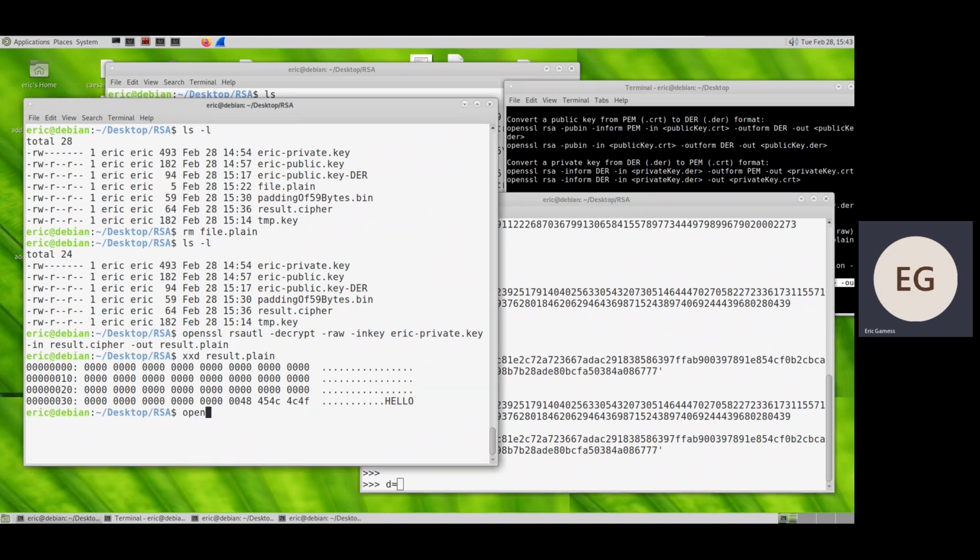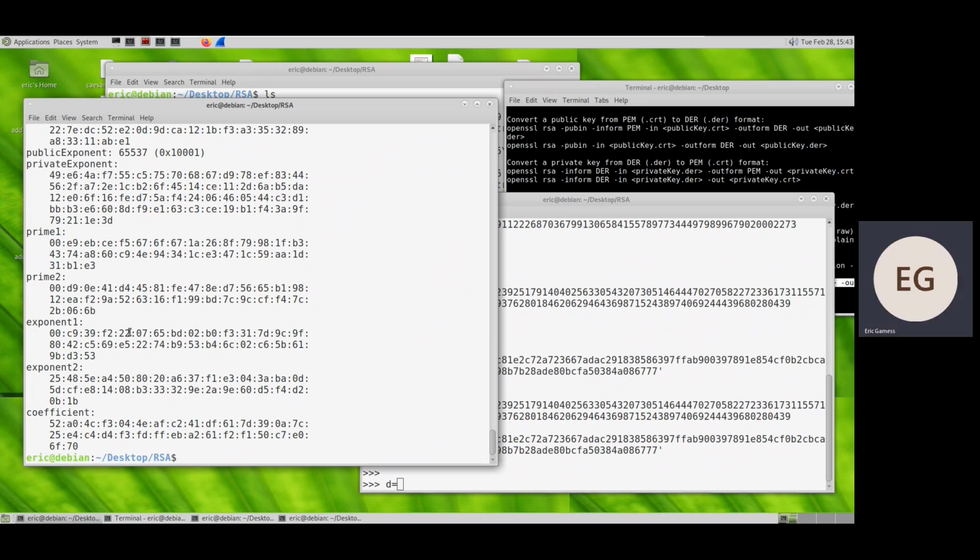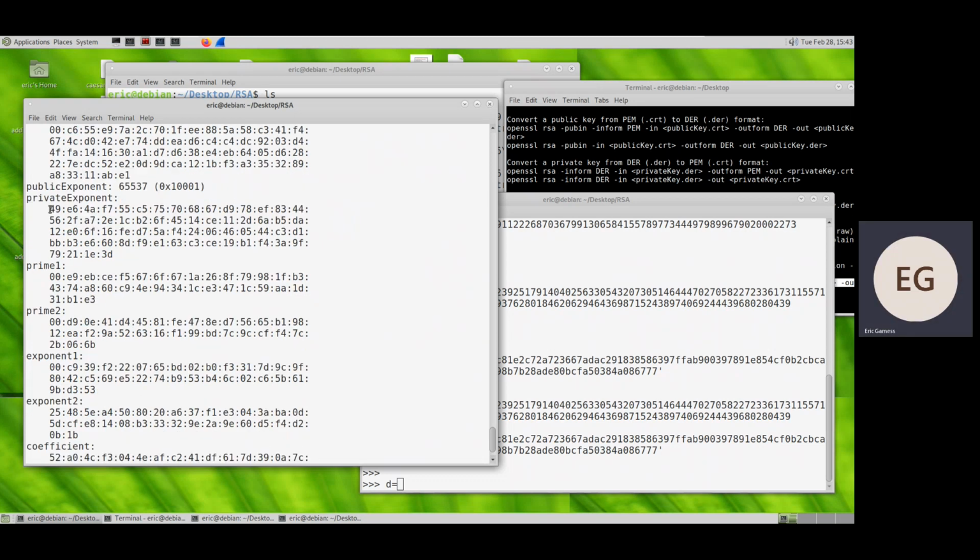We are going to use the command openssl rsa. The input will be the private key of Eric, and we want to show it in text on the screen. Look at the private exponent. It is there.